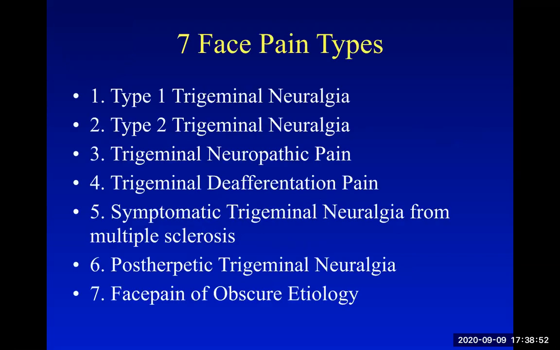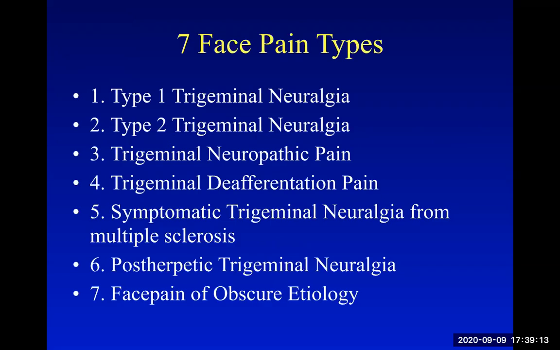So the 7 types of face pain that I'm going to cover today are shown here, and we're going to go through them in the order which you see. Type 1 trigeminal neuralgia is what is thought of as classical trigeminal neuralgia, and we'll spend the most time talking about that.